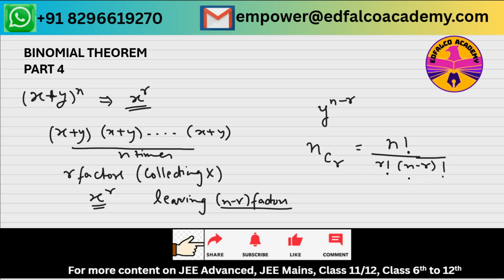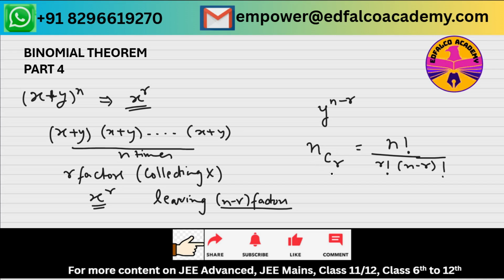This is a topic from permutations and combinations, but just for a refresher, nCr is the number of ways by which we can pick r things out of n things.